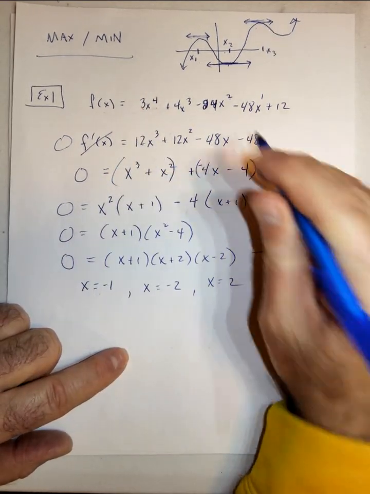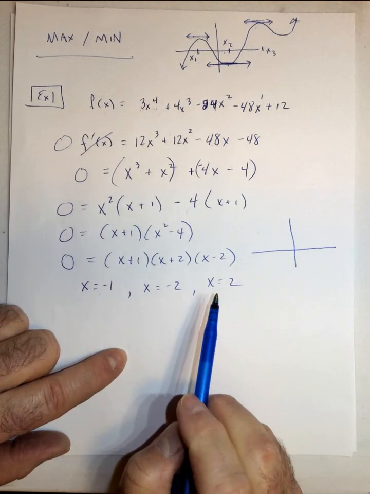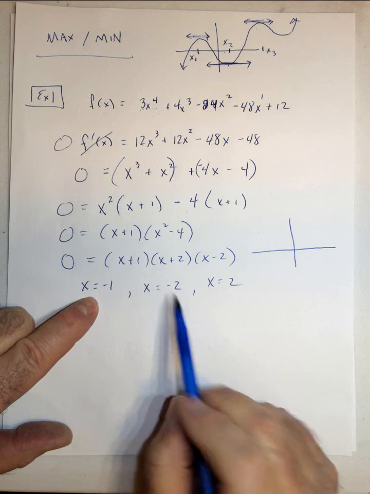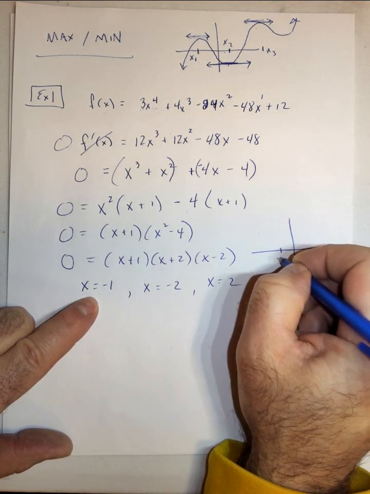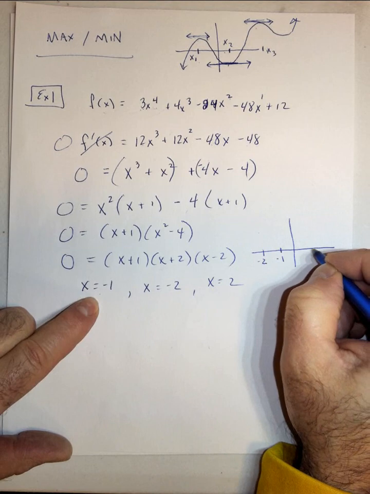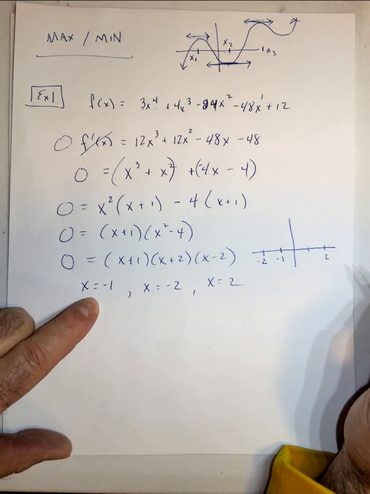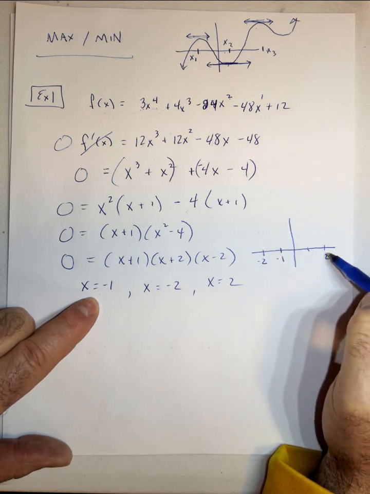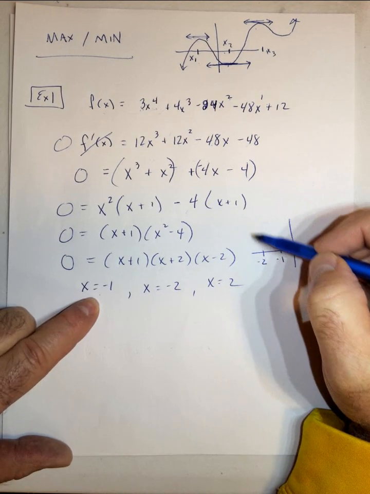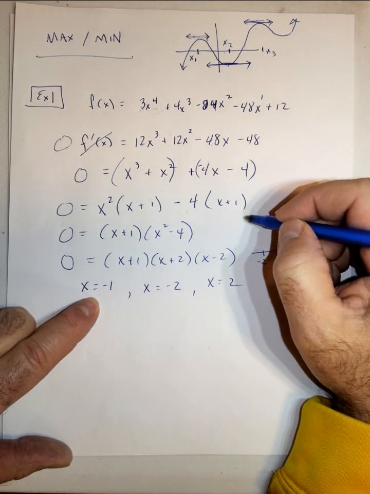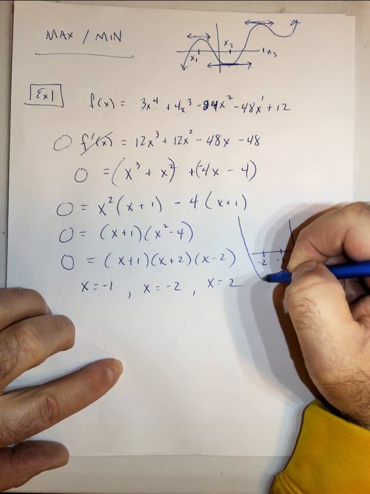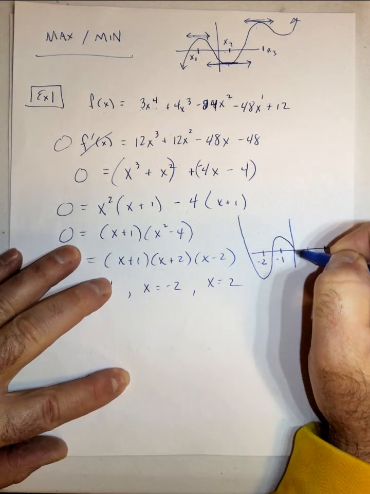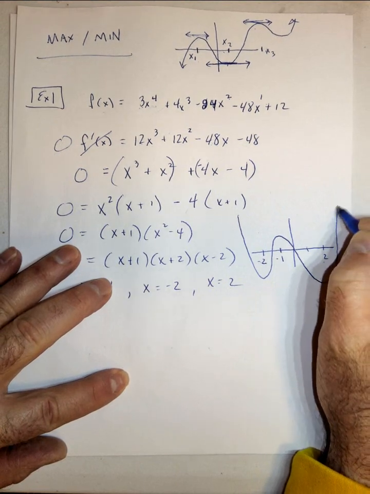This is going to go up in both directions because the leading coefficient is positive and the degree is even, and we have derivatives that are 0 at negative 2, at negative 1, and at positive 2. So at negative 2 we minimize, and then at negative 1 we're going to maximize, and then at 2, we're going to minimize again.